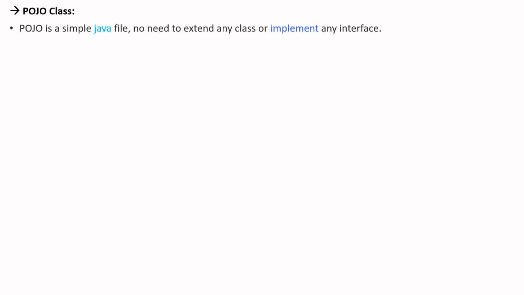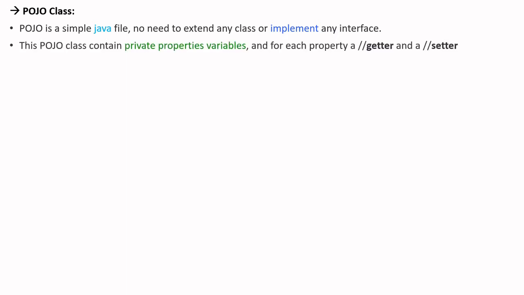So let's start. What is a POJO? A POJO is simply a Java file. There is no need to extend any other class or implement any interface. A POJO class contains only private variables, and for each a setter and getter.